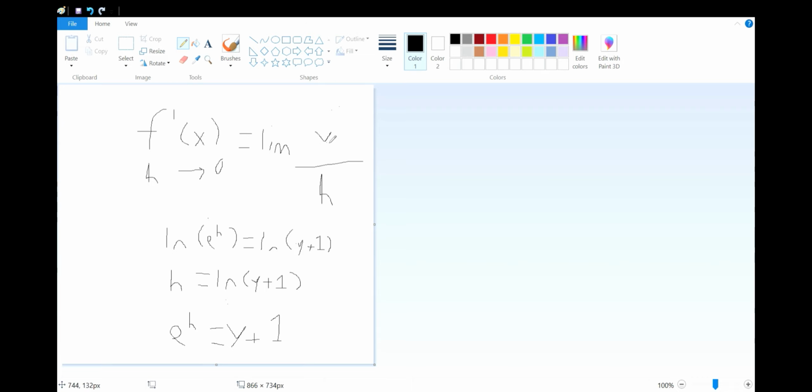Doing this gives y in the numerator and ln of y plus 1 in the denominator.